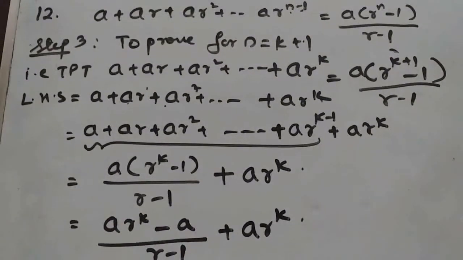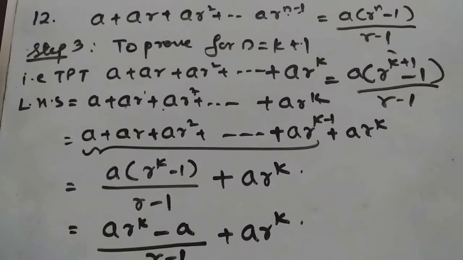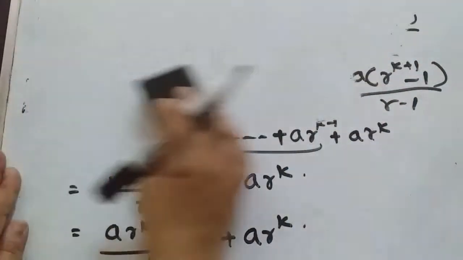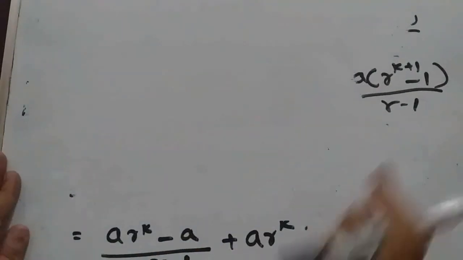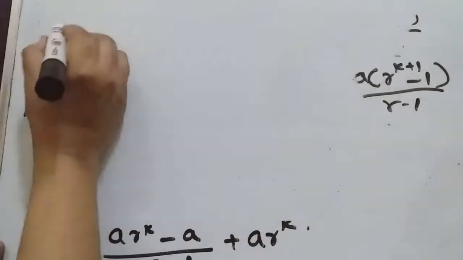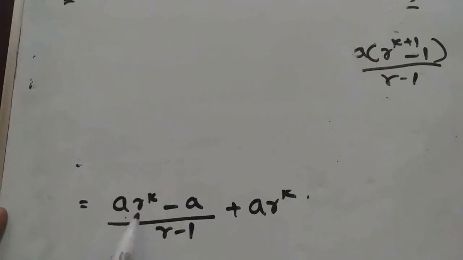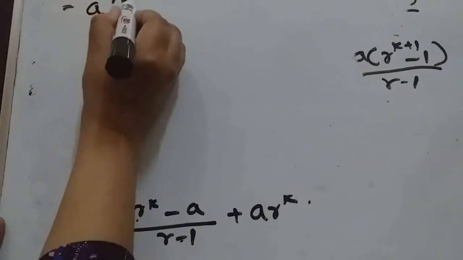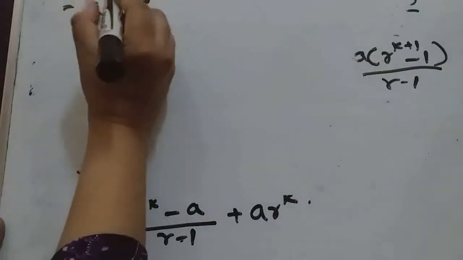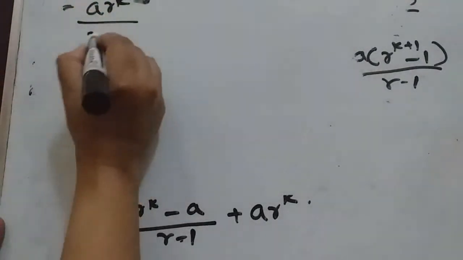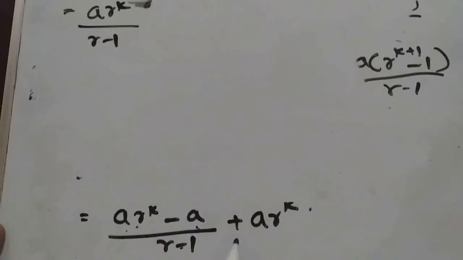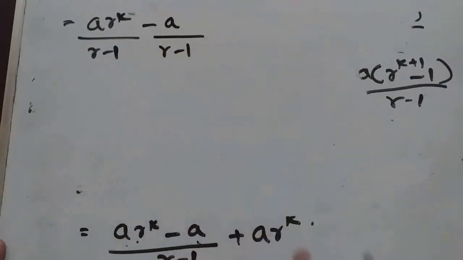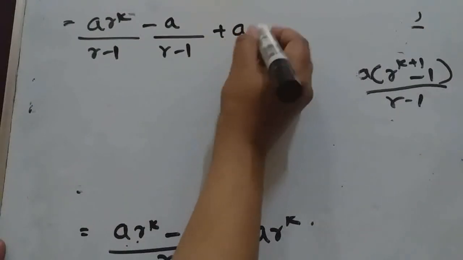We will separate the denominator here. See, this we have to show. So separate the denominator, with this term we can write the denominator, and with this minus a also. And the last term will be the same.